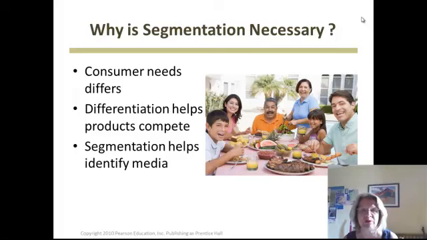To resume, consumer needs differ. Differentiation helps to create appropriate products for different segments, and also to identify the appropriate media and marketing messages for each segment.